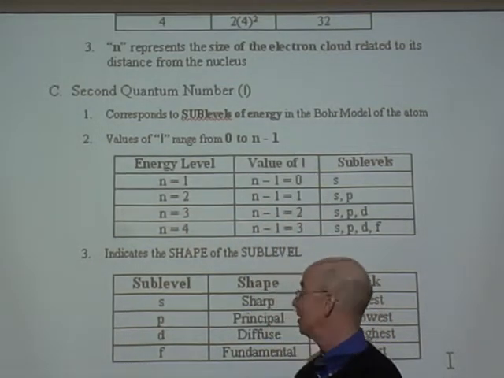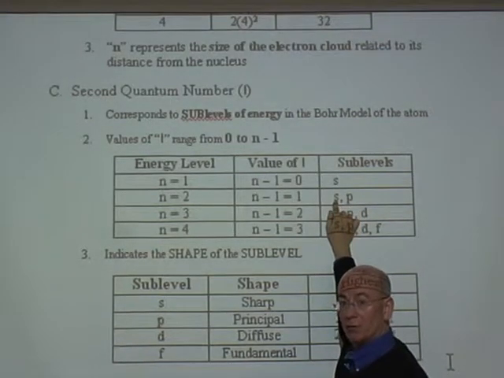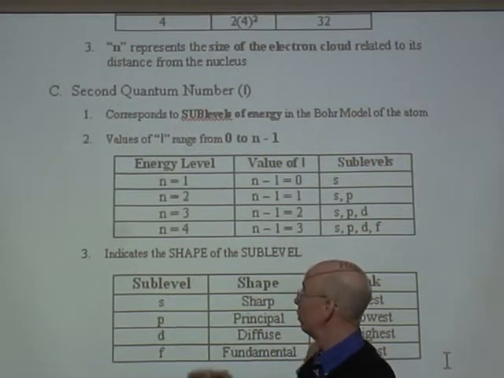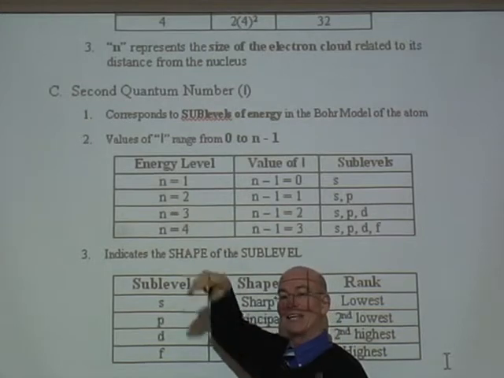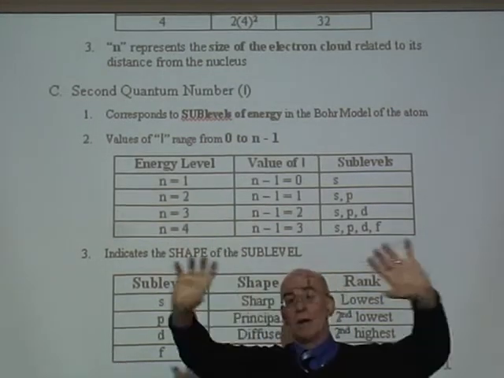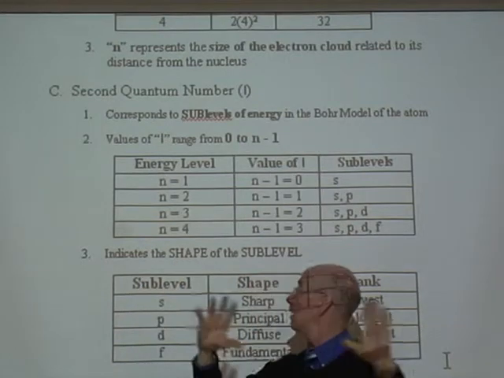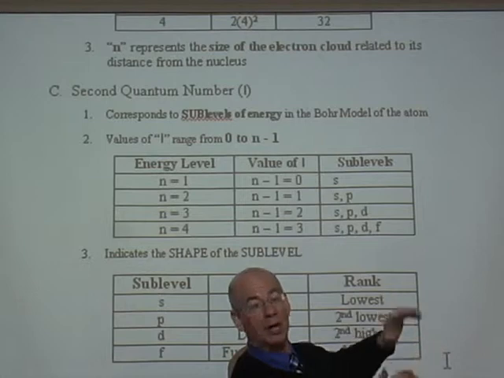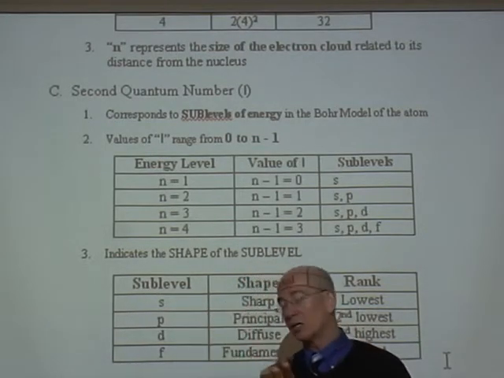What that means now is that you can not only have the S sublevel, but there's also a second sublevel called P. So notice that the sublevel number matches the energy level number. So energy level 1, the most general, has one sublevel. Energy level 2, which is lithium through neon, has 2 sublevels.